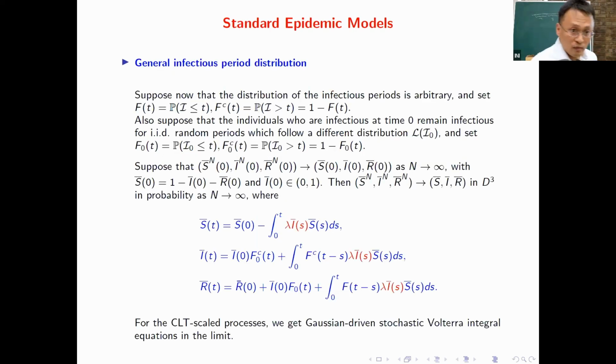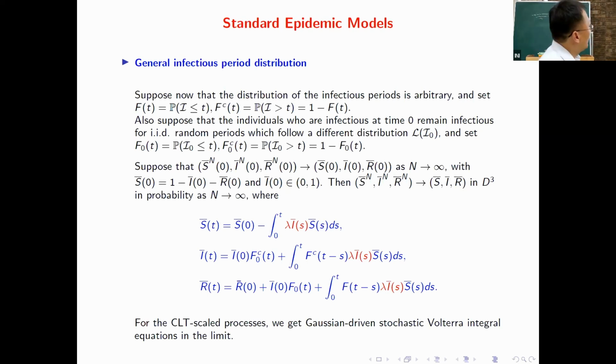In this standard model, if the infection duration is general, then we have a non-Markovian model. Let F be the distribution of the infection duration, and F0 the distribution function for the remaining infection period of the initially infected individuals. Then, instead of ODEs, we get a system of integral equations.